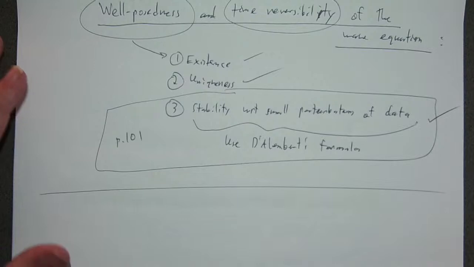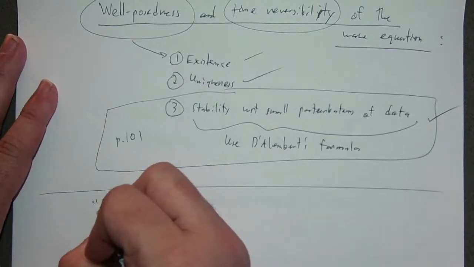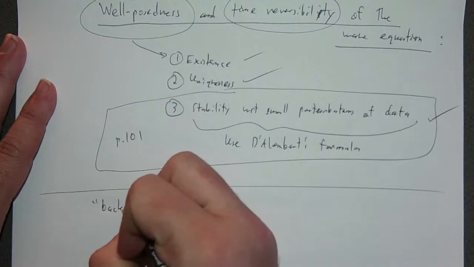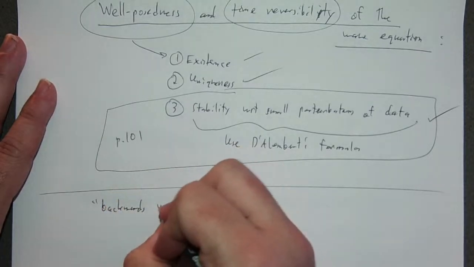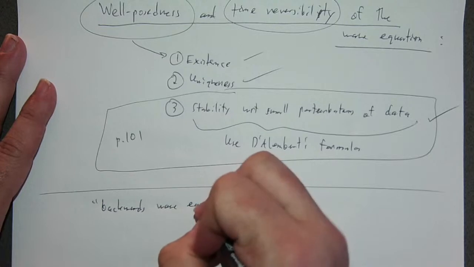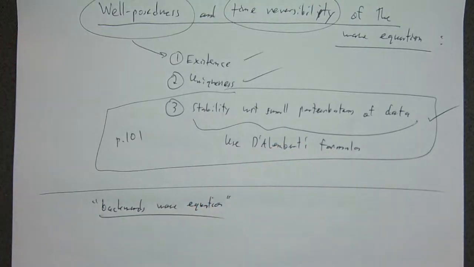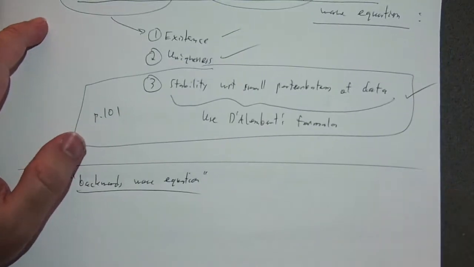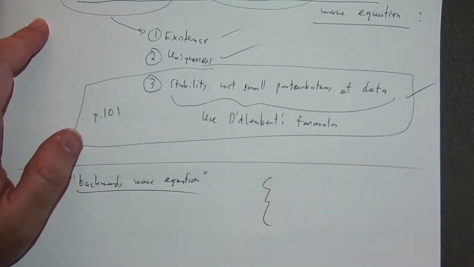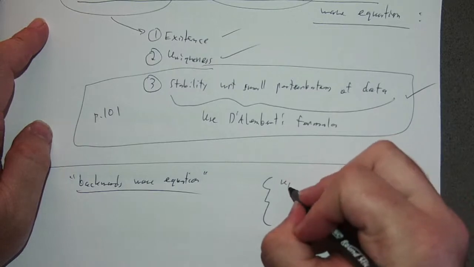So let's consider a backwards problem, a backwards wave equation. You might think of this as a bizarro wave equation, but it's not really in that sense. It's still the wave equation.